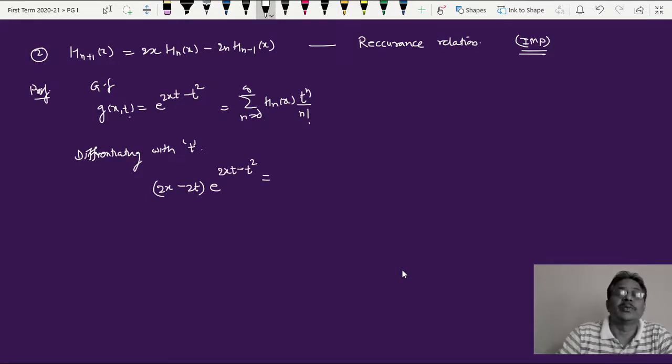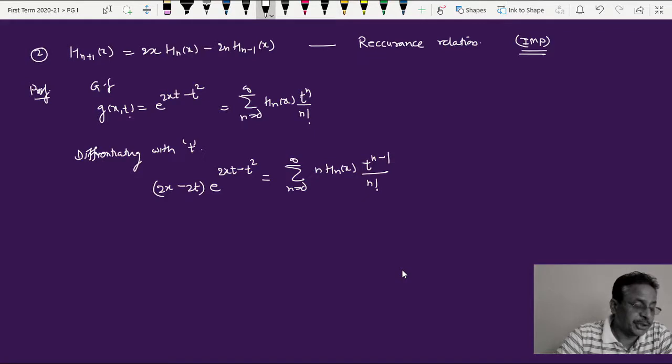And on the right hand side, I'll get summation over n equal to 0 to infinity, n times hn of x into t raised to n minus 1 upon n factorial, this being the differential with respect to t.